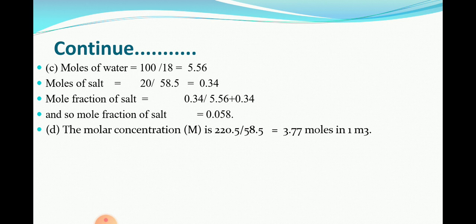So 0.34 upon 5.56 plus 0.34, and when we calculate, we obtain the mole fraction of salt as 0.058. And the last one, we want to calculate the molar concentration, denoted as capital M. This will be equal to 220.5 upon 58.5. When we divide it, we obtain 3.77 moles in 1 meter cube.